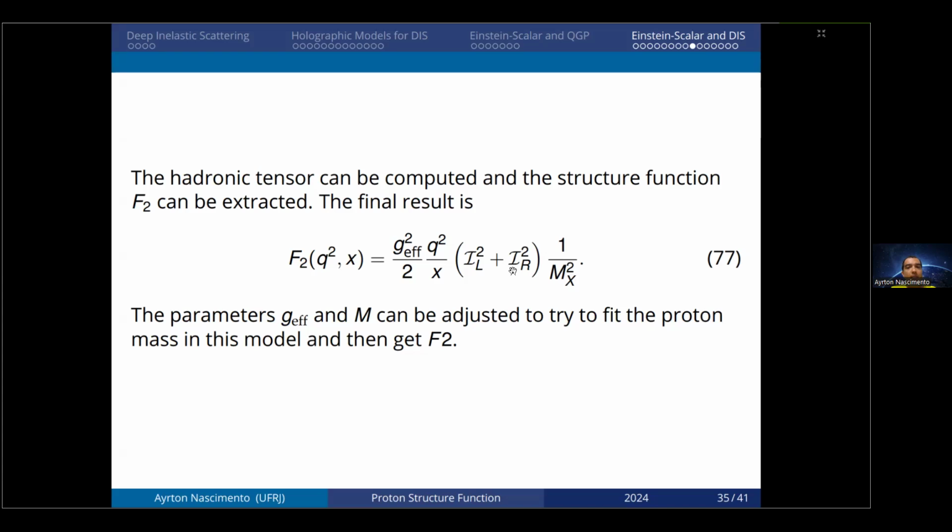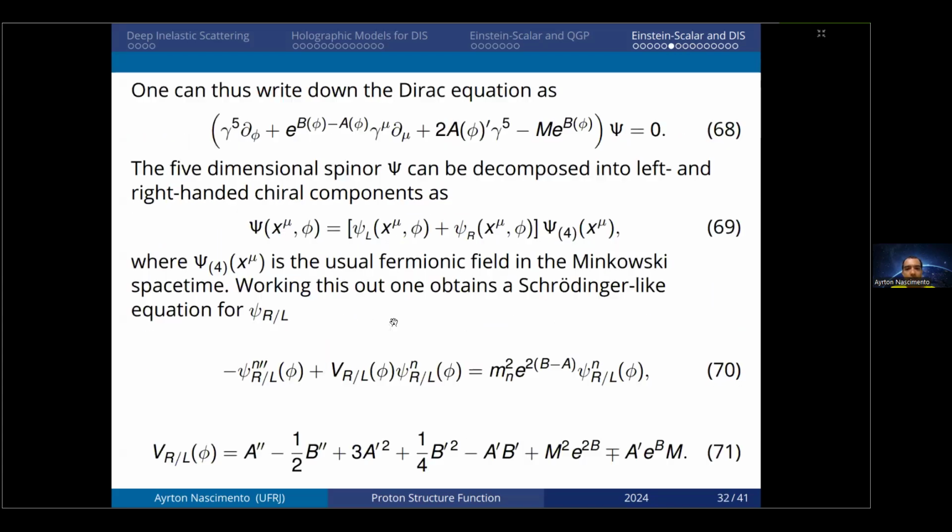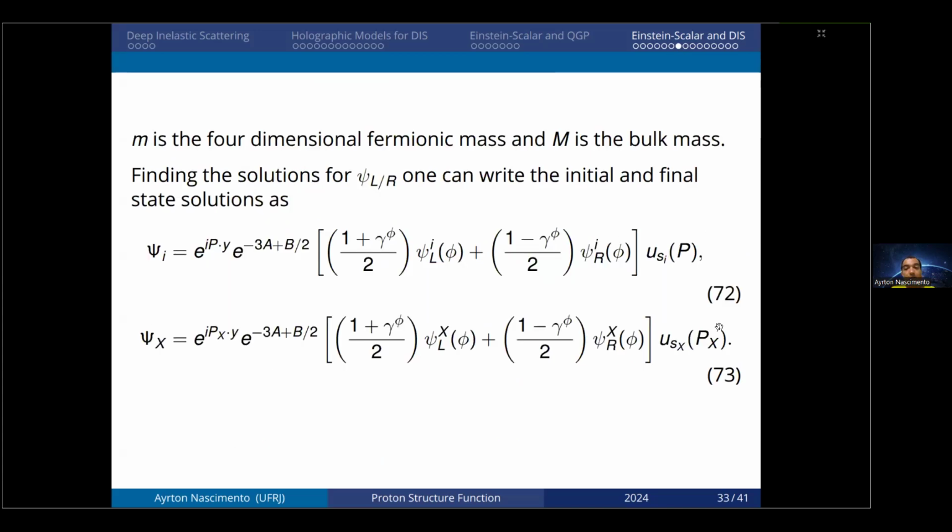Inside the integrals, I have some M because they come from the equations of motion, because they go into the potential. This capital M is just the mass of the fermion in the bulk, like in the AdS space, while this Mn is just the mass of the fermion on the boundary of the AdS space. So these are different masses.